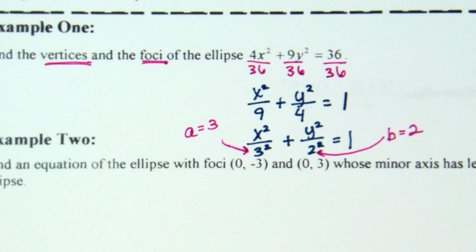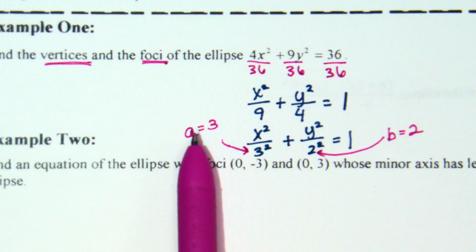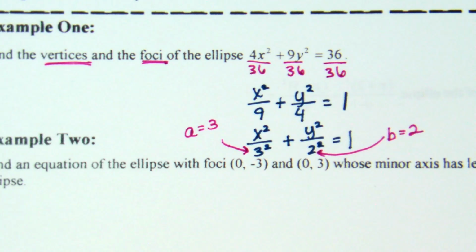Okay. So, based on the fact that A is 3, A is my bigger number, and A is under which variable? X. Which column am I using to write this? This is a left column problem. Do we understand that?